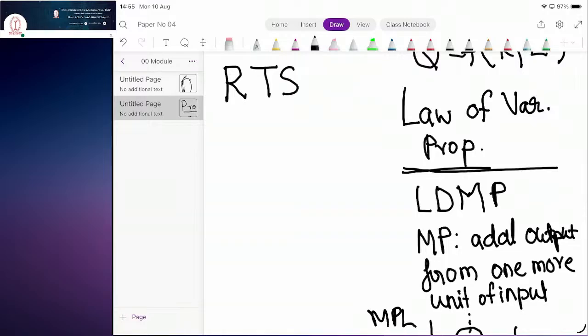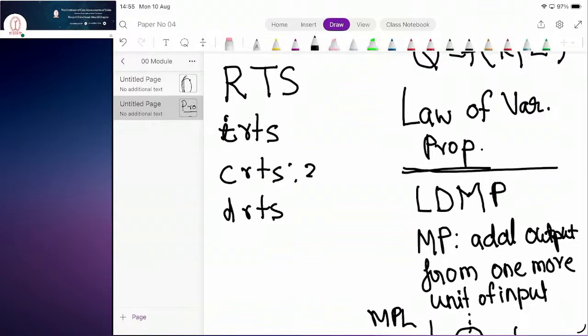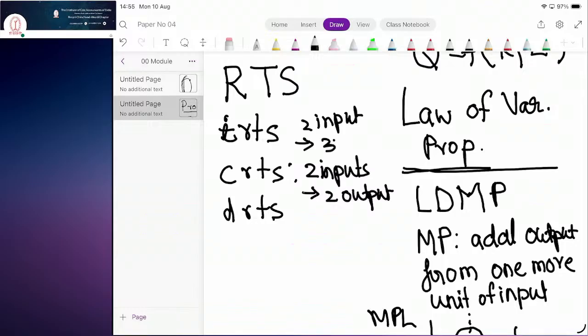For returns to scale, we have seen that there is increasing returns to scale, constant returns to scale, and decreasing returns to scale. In constant returns to scale, what happens? Double inputs, double output. Correct? Remember this. With increasing returns, double inputs, output more than doubles, say it could be 3 times.